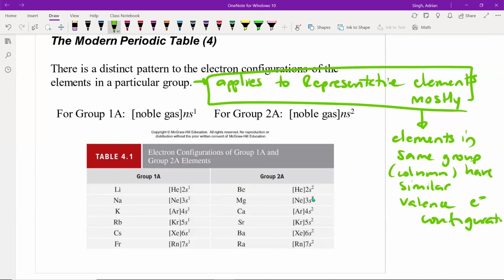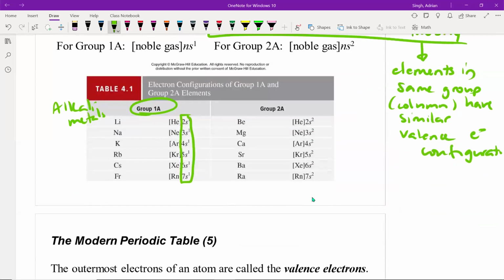For example, if we look at group 1A, our alkali metals, their electron configurations all end in s1. Noble gas, then the valence electrons here are going to be ns1. These are your valence electrons. They all have one valence electron.